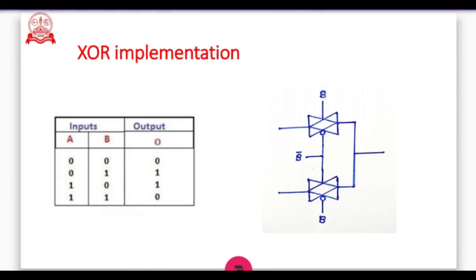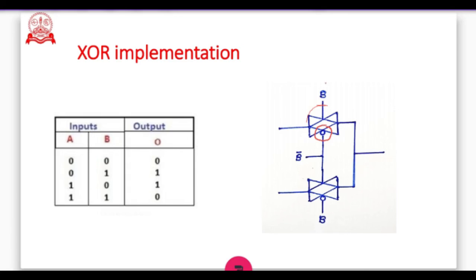Now we will try to implement some circuits using transmission gate logic. Here we are going to implement XOR, and on the right side we can see a circuit similar to the one that we saw in pass transistor logic. The bubbled part shows PMOS and the non-bubbled part shows NMOS. We will concentrate on what input we are giving to the NMOS to analyze the circuit.